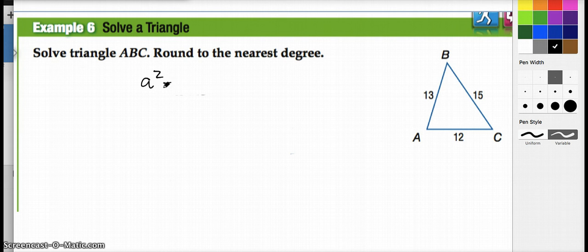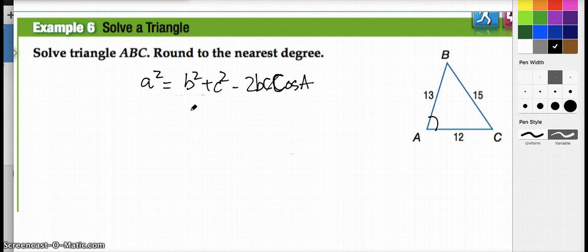Repeating the law of cosines, a squared is equal to b squared plus c squared minus 2bc times the cosine of A. I like to start off with our law. So now, let's say I'm looking for this angle, because if I find this angle, then maybe I can do some cool stuff.